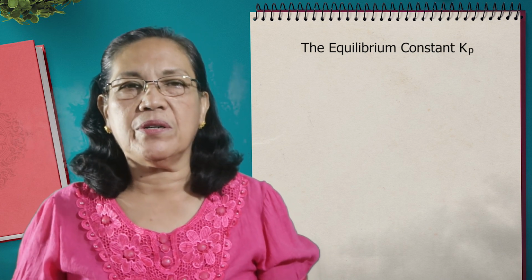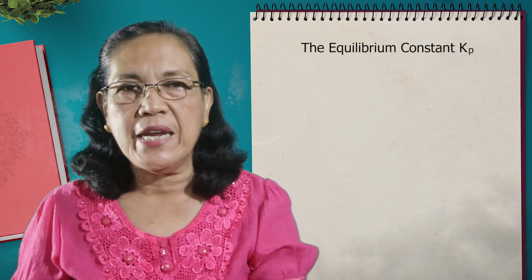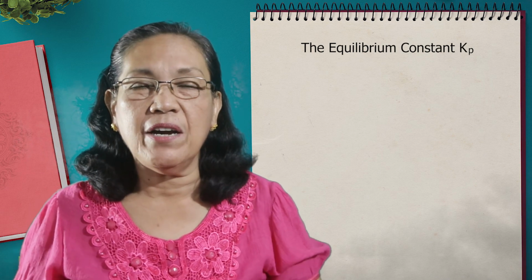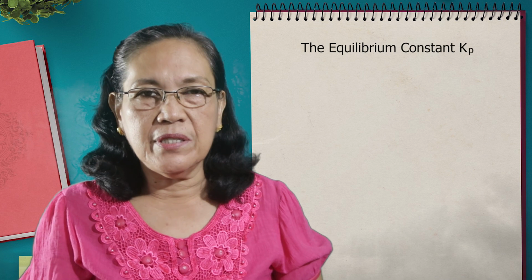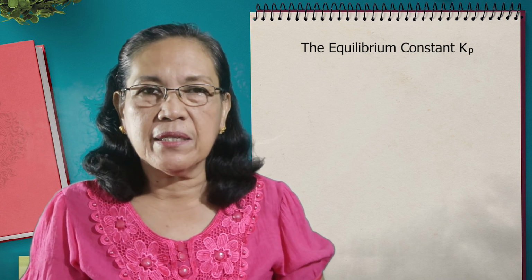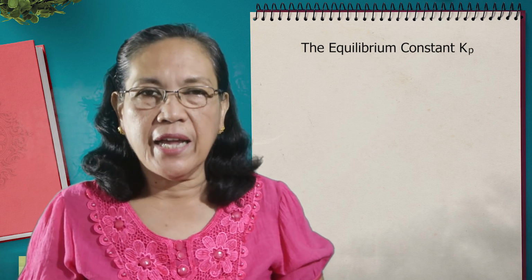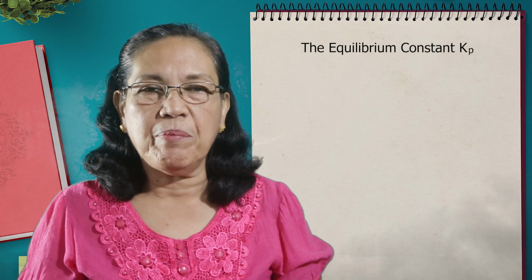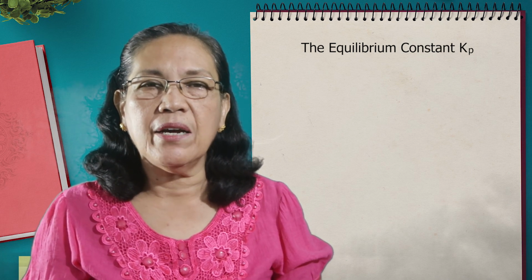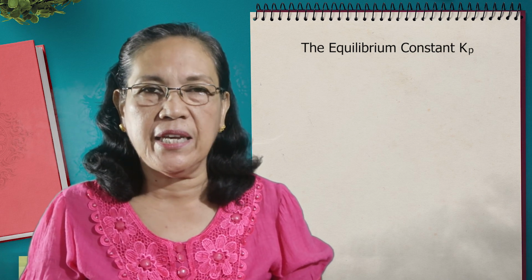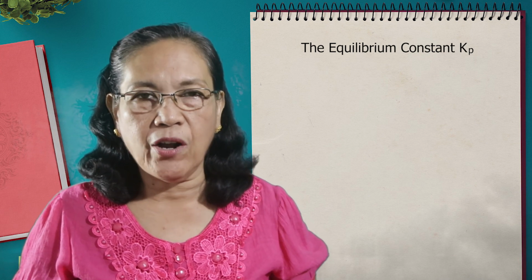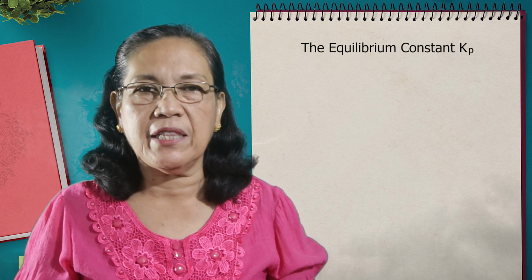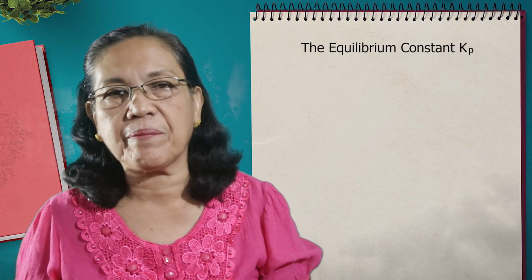So how does your reaction read now? You have the reaction w W plus x X forming the products y Y plus z Z. The small letters represent the coefficients, while the capital letters represent the reactants and the products.